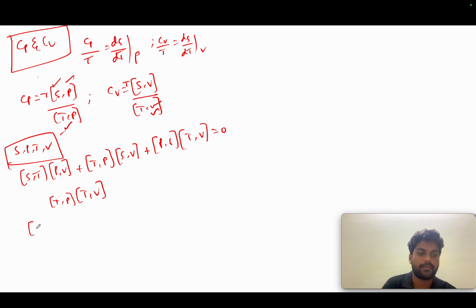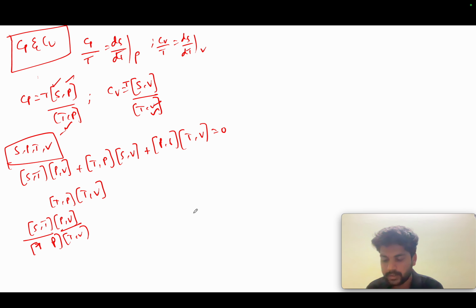So here it will be (S, T) and (P, V) divided by (T, V). Just assume there is some board problem.